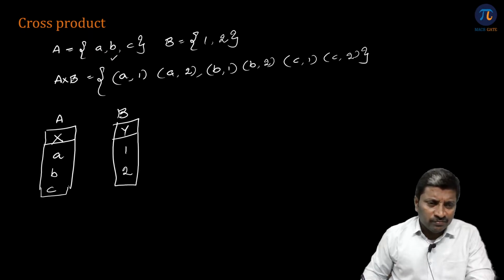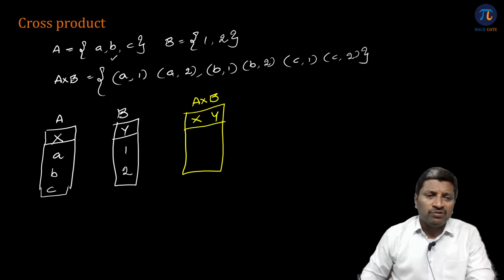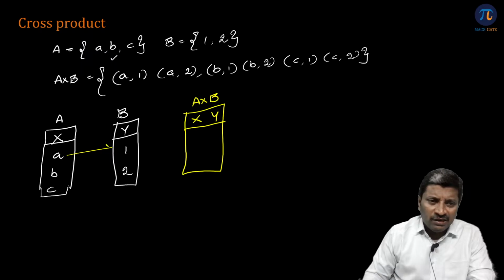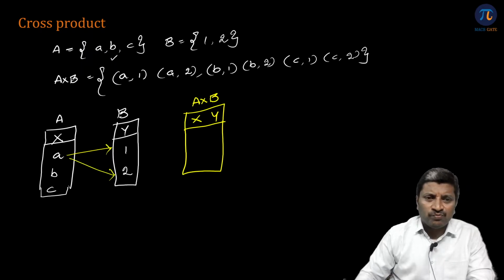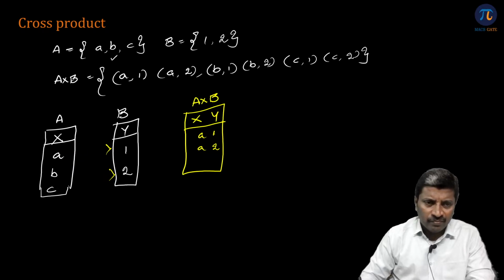To form it, the cross product will contain two columns: A cross B, X comma Y. How to form X comma Y, sir? A1, A2, A1, A2. Then consider the second element: B1, B2.